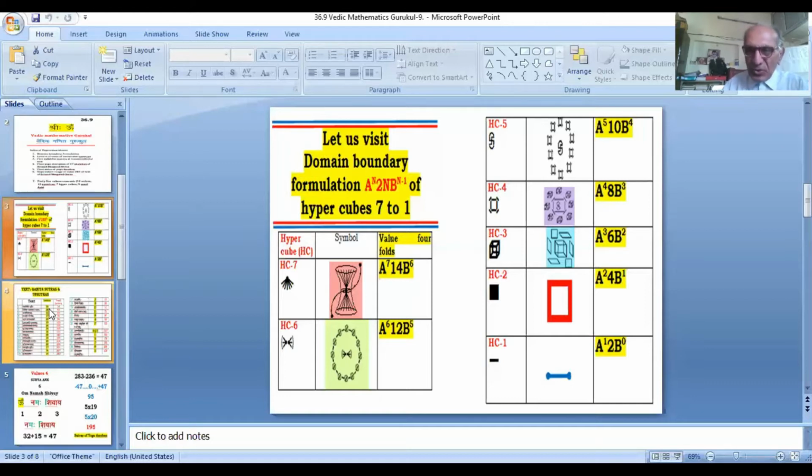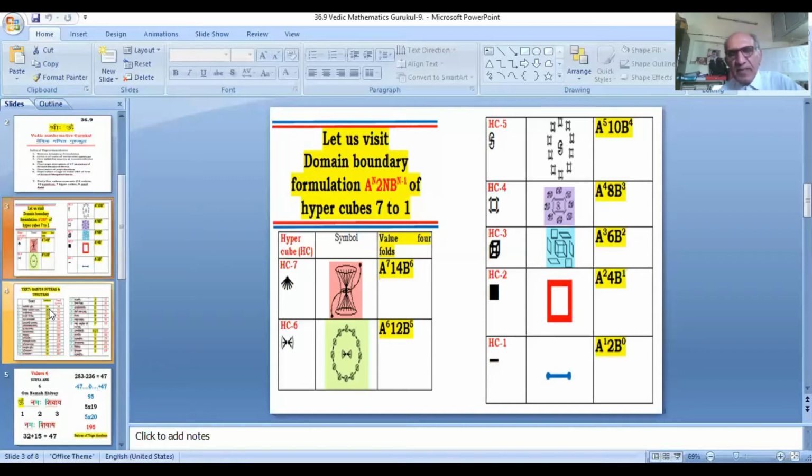B raised to power 0 would mean a 0 number of dimensions. It takes us to a point. Therefore, a raised to power 1 is to 2b raised to power 0 is an expression of hypercube 1 as one space domain within a boundary of a pair of components of one-space content.